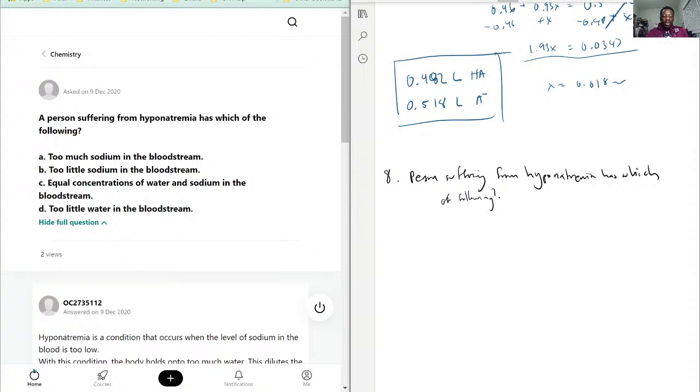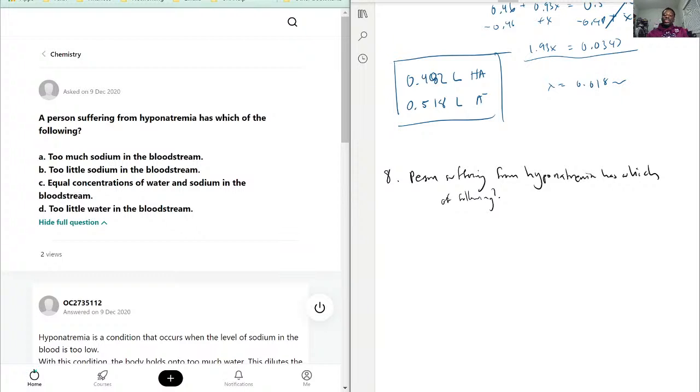For this one, I'm not going to list the answer, as you can see it there, but this is more of a conceptual question. The options they give us are too much sodium in the bloodstream, too little sodium in the bloodstream, equal concentrations of water and sodium, and too little water.